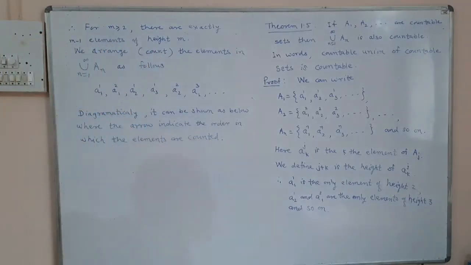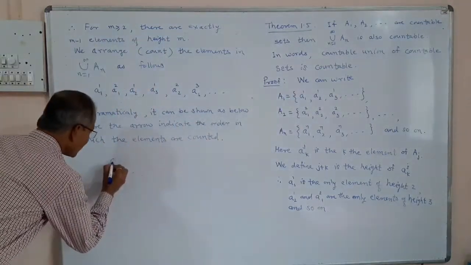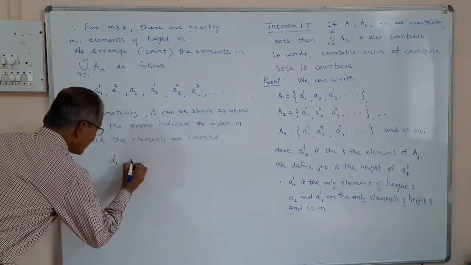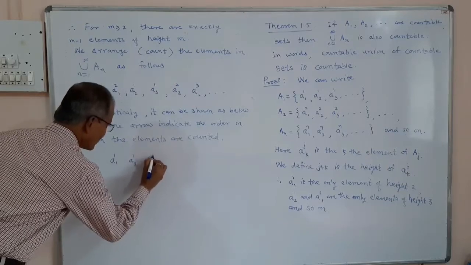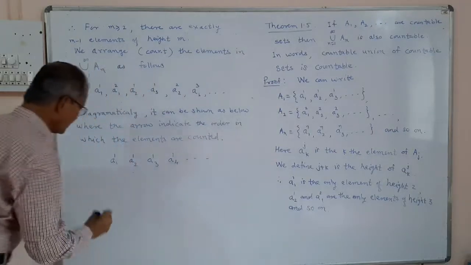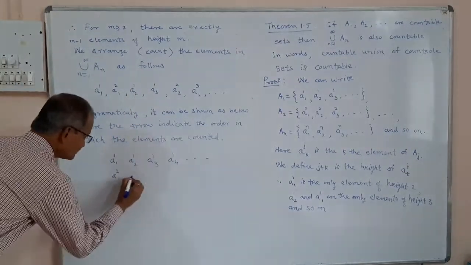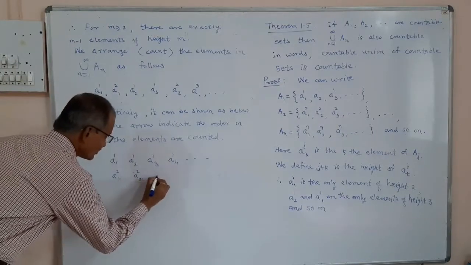So along the arrow, we will write the elements like this. First write the elements of A1: A11, A12, A13, A14, etc. Then write below the elements of the second set, A21, A22 and so on.